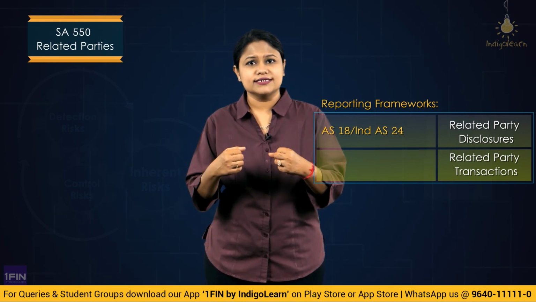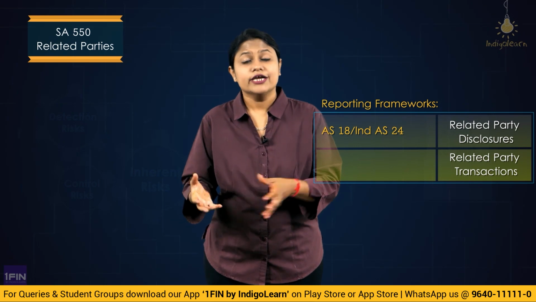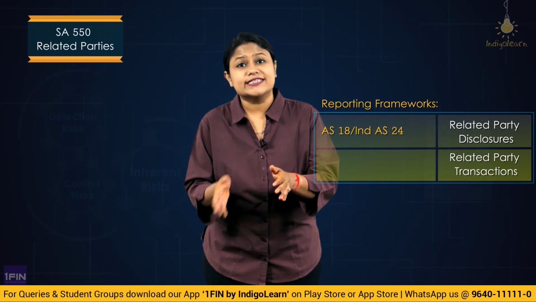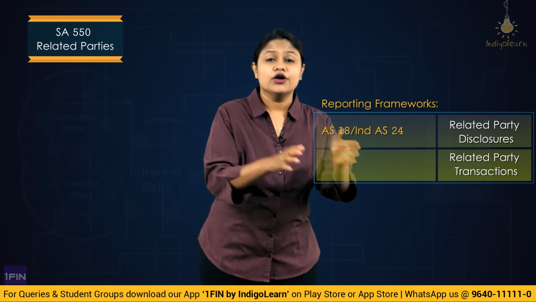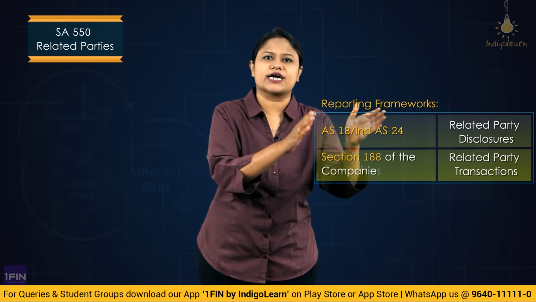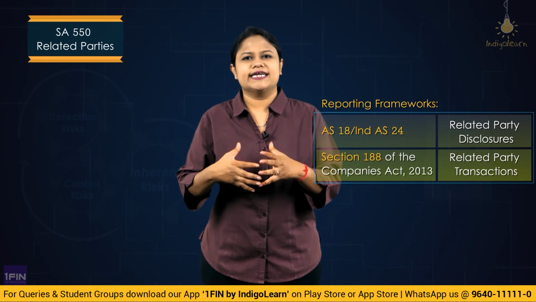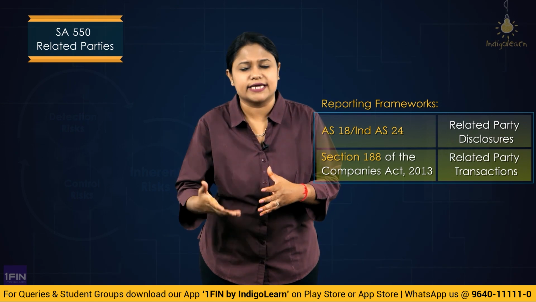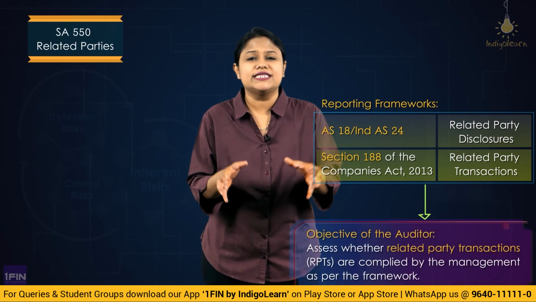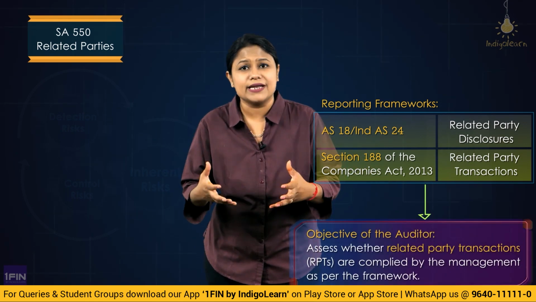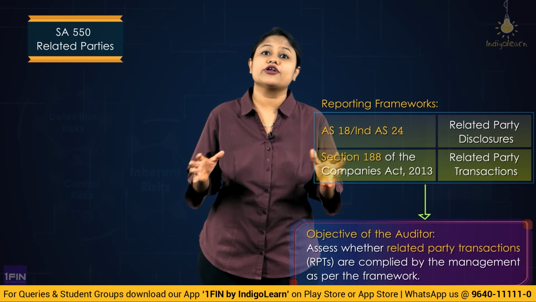Now, we the auditors, as per SA 550, are required to check whether what is given in AS 18, what is given in section 188 of the Companies Act, if the entity is a company, and if there is any Indian accounting standard Ind AS applicable, whether the requirements of these regulatory provisions have been complied with by our client appropriately or not.